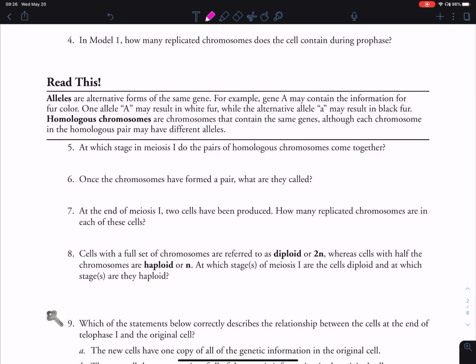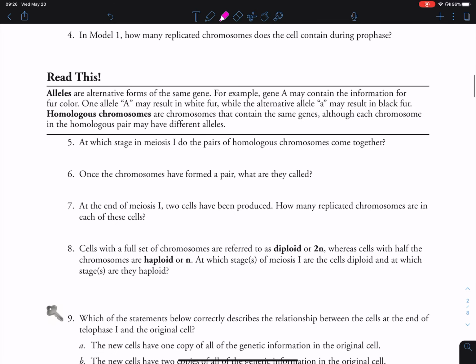In terms of this, alleles. Alleles are essentially different versions of a trait or a gene. So if we say the gene is hair color, your alleles would be brown and blonde and red, essentially. To varying degrees, it gets a bit more complicated, but that's the idea.